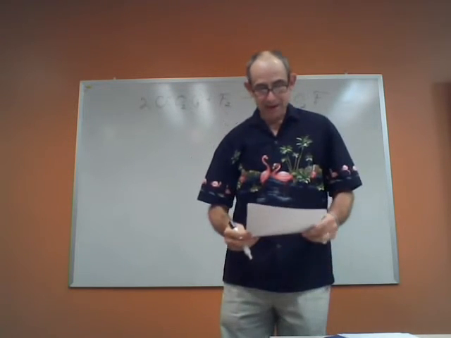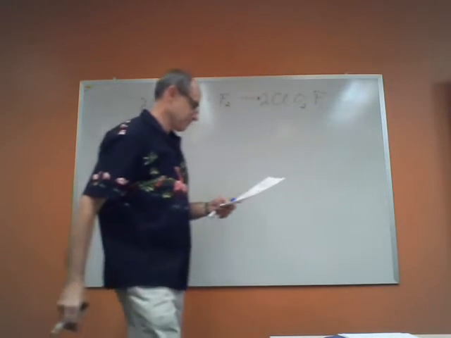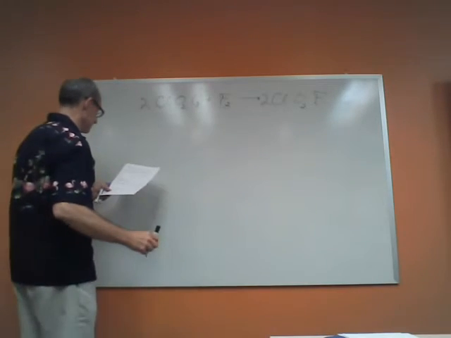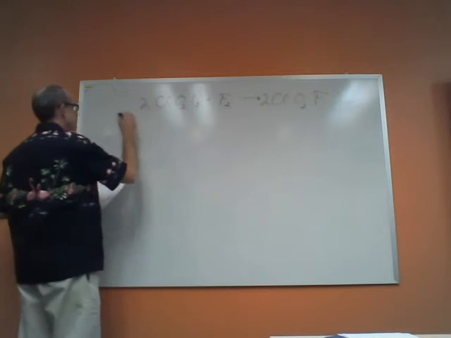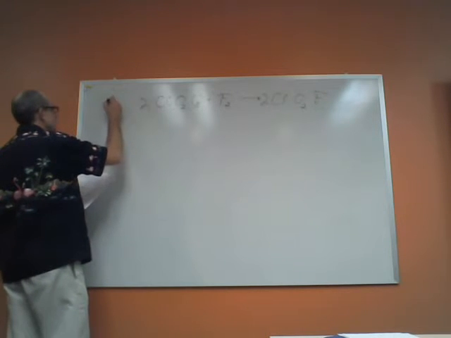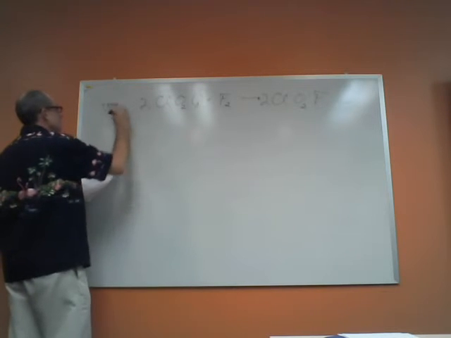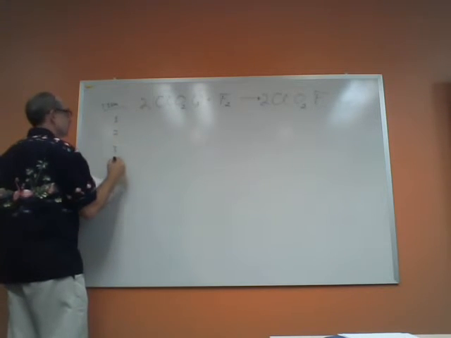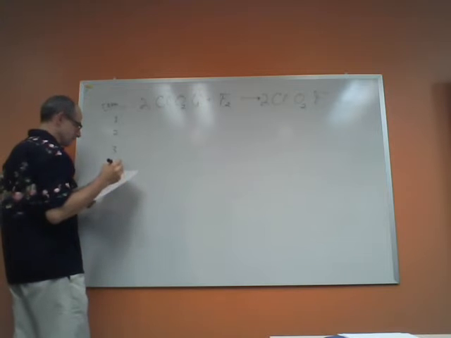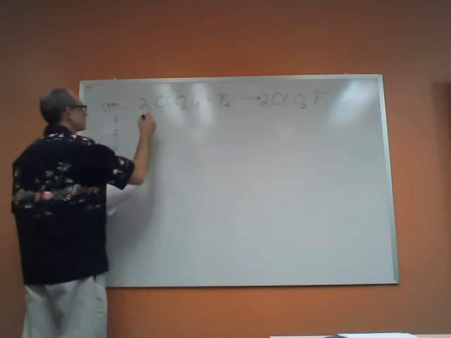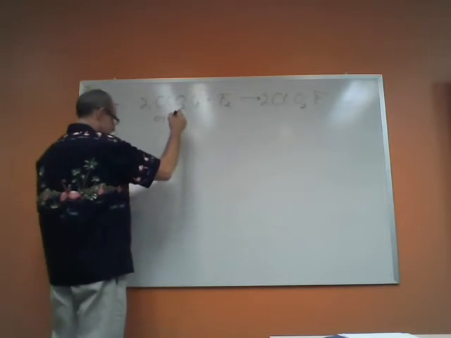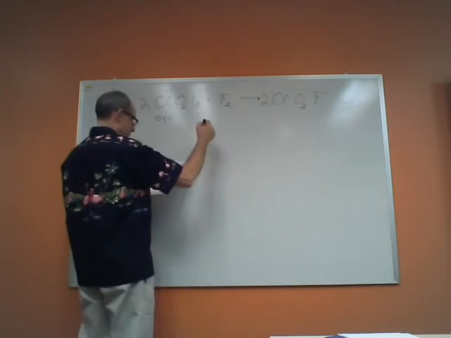You're given a set of data, and I'm going to go ahead and try to copy this. So these are going to be different trials. Trial 1, 2, 3, 4. So my initial concentration of chlorine dioxide is 0.040, and these are all in molar, 0.1.